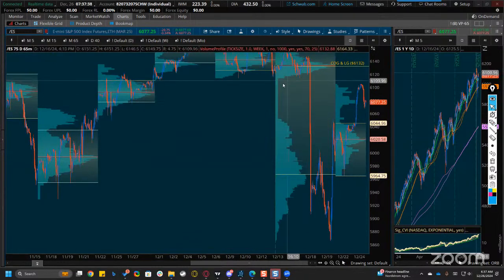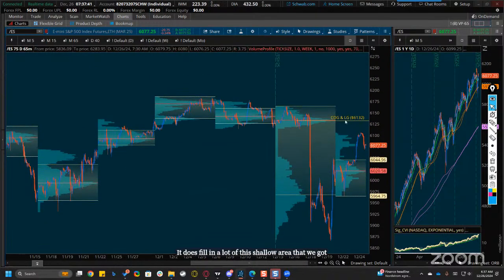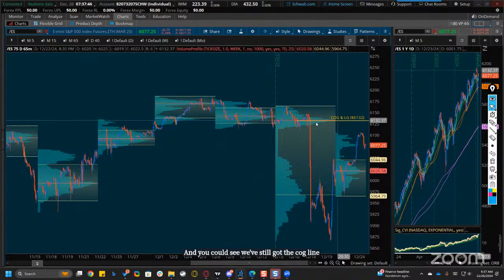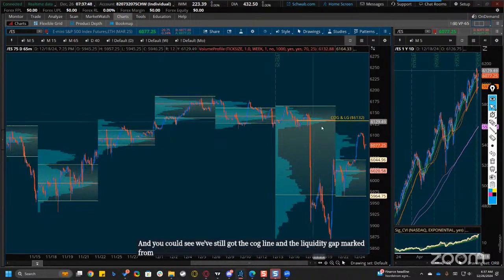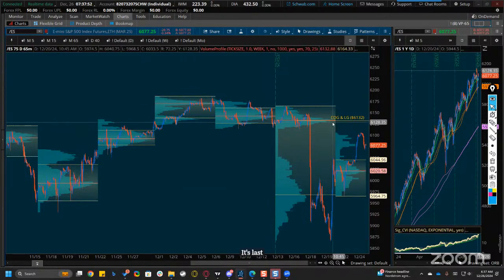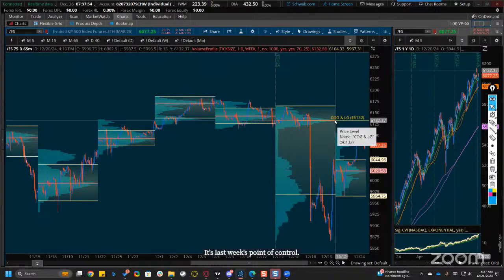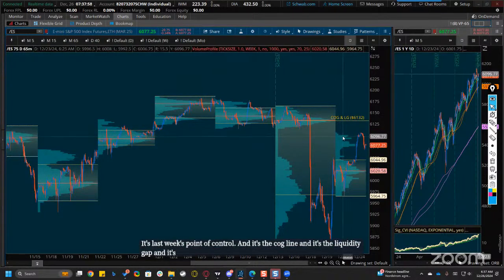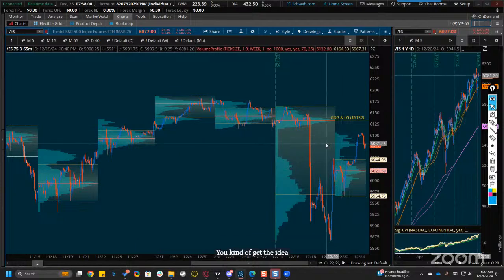It does fill in a lot of this shallow area that we got from FOMC. And you can see we still got the COG line and the liquidity gap marked from that FOMC event. It's last week's point of control, and it's the COG line, and it's the liquidity gap, and it's today's ADR half. You kind of get the idea, right? We're just stacking them all up there, 61.32. It's a significant level.